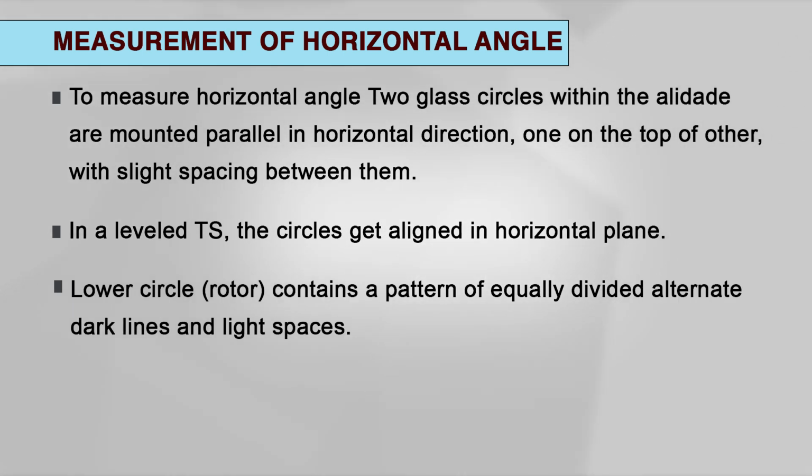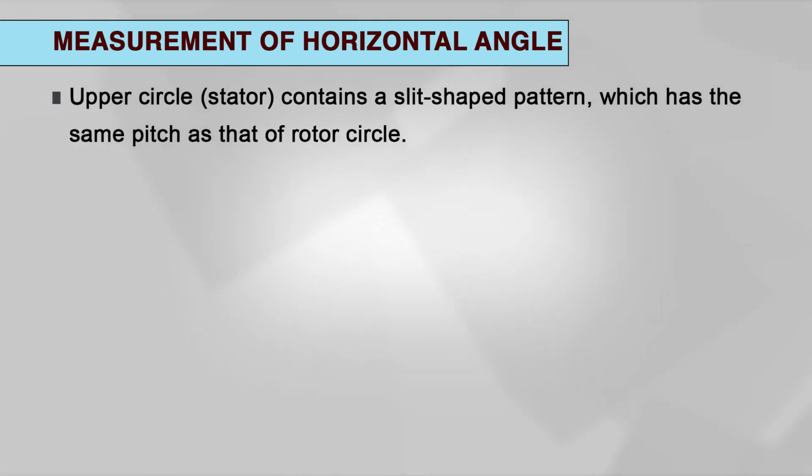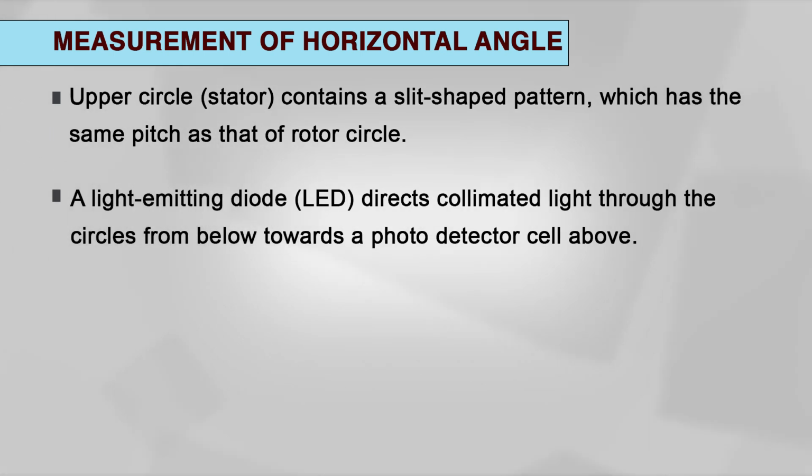The lower circle, also called the rotor, contains a pattern of equally divided alternate dark lines and light spaces. The upper circle, also known as the stator, contains a slit-label pattern which has the same pitch as that of the rotor circle. A light emitting diode directs collimated light through the circles from below towards the photodetector cell above.